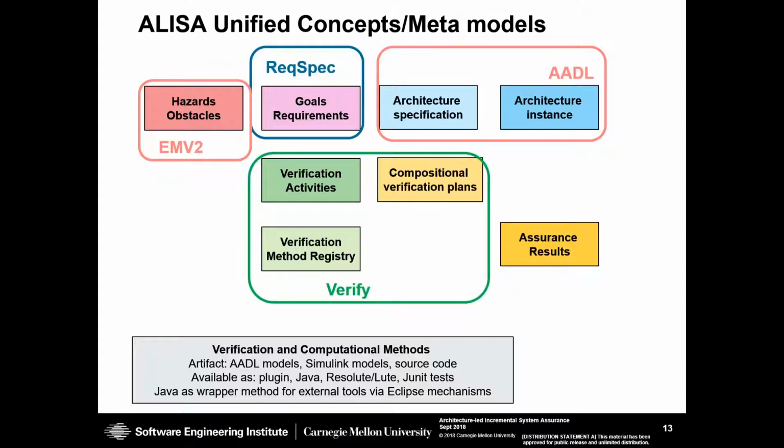We have Verify that lets you specify verification activities and the verification method registry, and then through a variant of it called ALISA, specify compositional verification plans. And then when we instantiate the whole thing, we have the Assure notation to represent the instance of an assurance case similar to an AADL instance model.